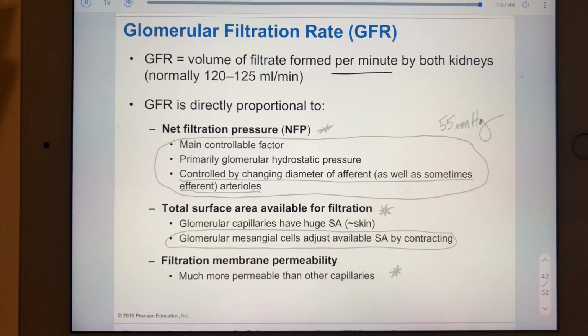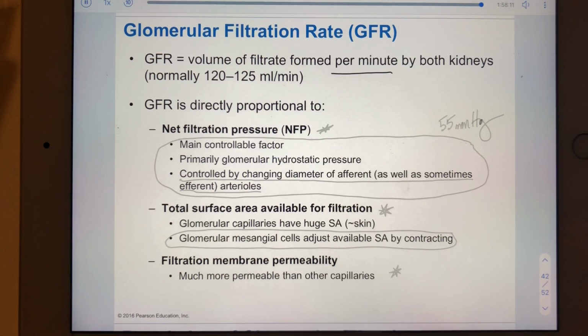And it's normally 120 to 125 milliliters per minute. We actually already established that in a really recent slide, 36. So we just didn't call it anything, and now we're calling it glomerular filtration rate, okay?